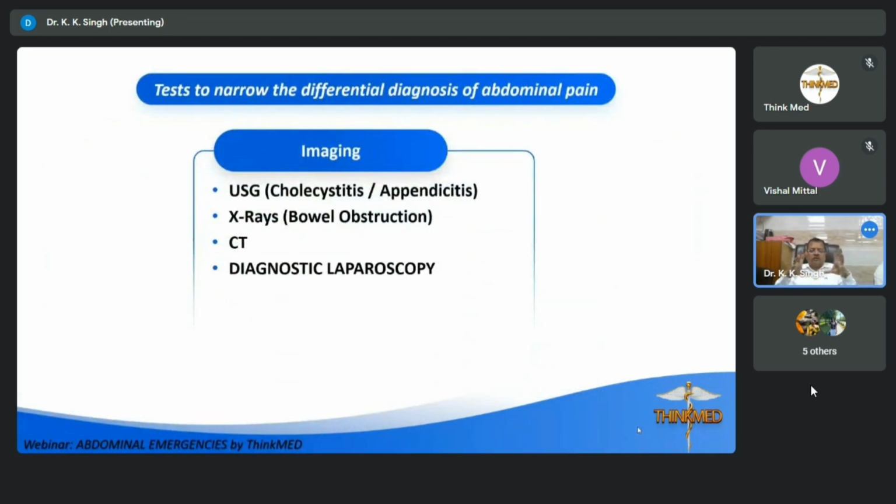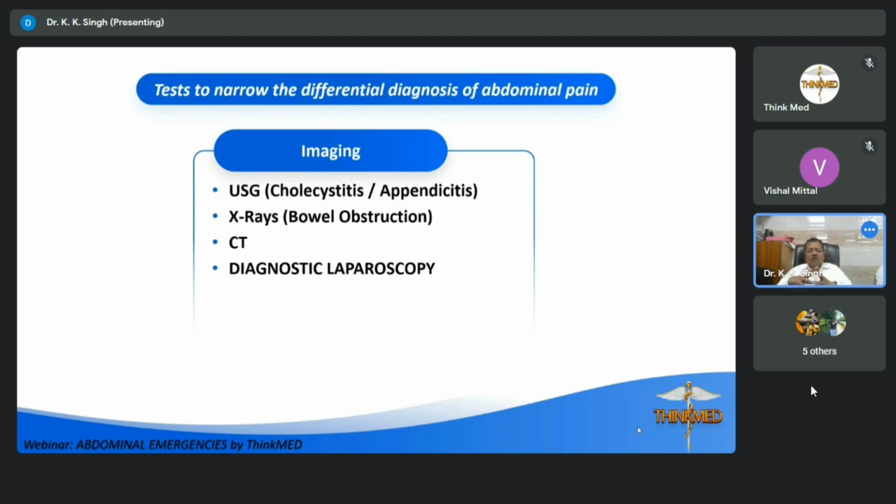Now imaging. Imaging is very important. First is the old time-tested X-ray. X-ray will basically give you an idea of perforation and obstruction. Then ultrasound. Ultrasound will give you an idea of obstruction, ascites, lymphadenopathy, stone in the gallbladder, stone in the CBD, stone in the ureter. Basically, stone diseases, it will give a better idea.